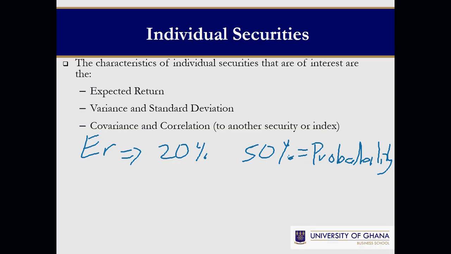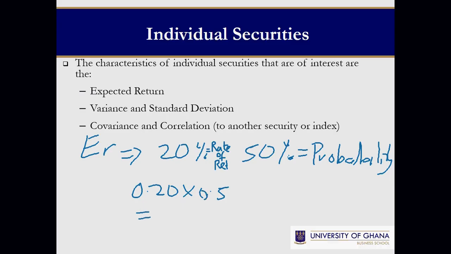Right. So if you want to get expected return, so this was the rate of return, right? If the rate of return is based on this probability, expected return will be 0.2, which is the same as 20%, times 0.5, which is the same as 50%.